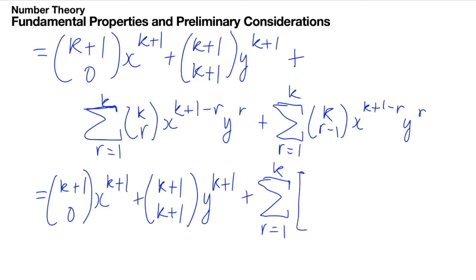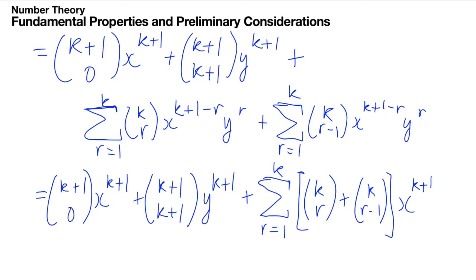So what we can do is put it like this: k choose r, plus, since it's a plus sign here, k choose r minus 1, still part of the summation notation, times x raised to k plus 1 minus r, y raised to r. Okay, so that's it.